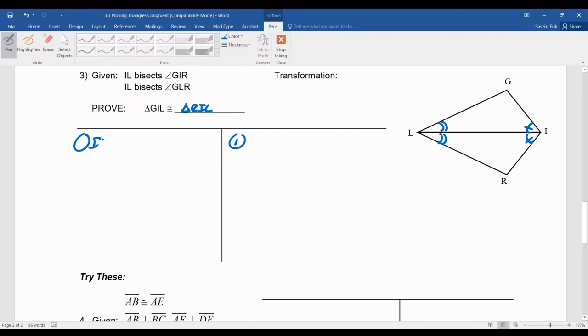So let's get the given information down. IL bisects angle GIR, and IL bisects angle GLR. Again, we know that because it is given. Okay.